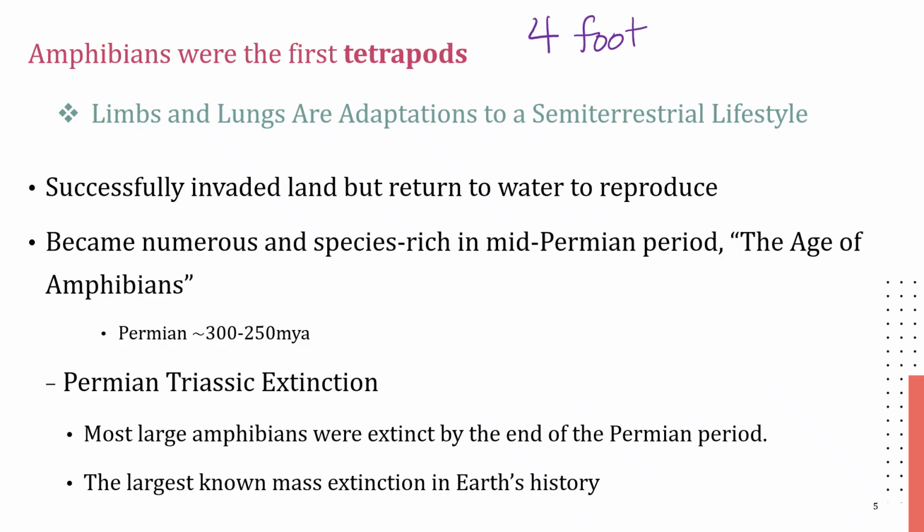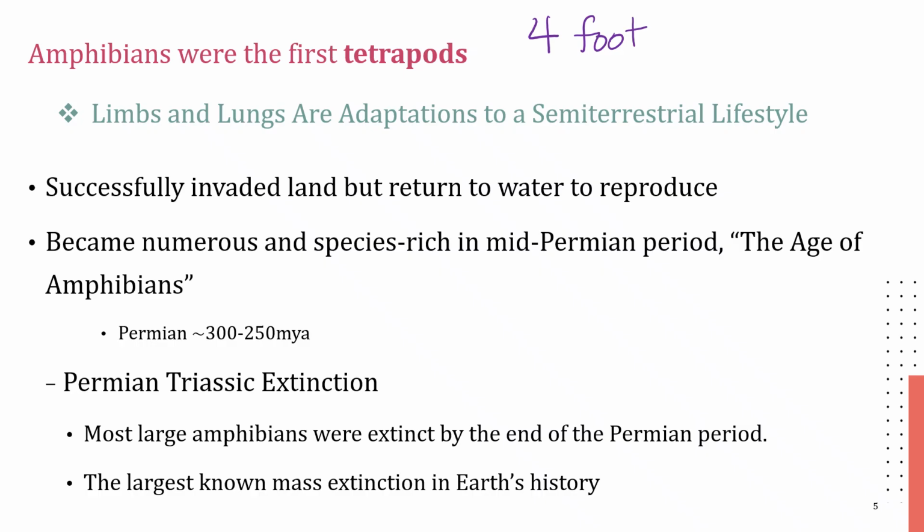We say semi-terrestrial because many amphibians are tied to water, either spend most of their life in the water or have to return to the water to reproduce. So amphibians had moved to land, but just like early plants, were still tied to water for reproduction.